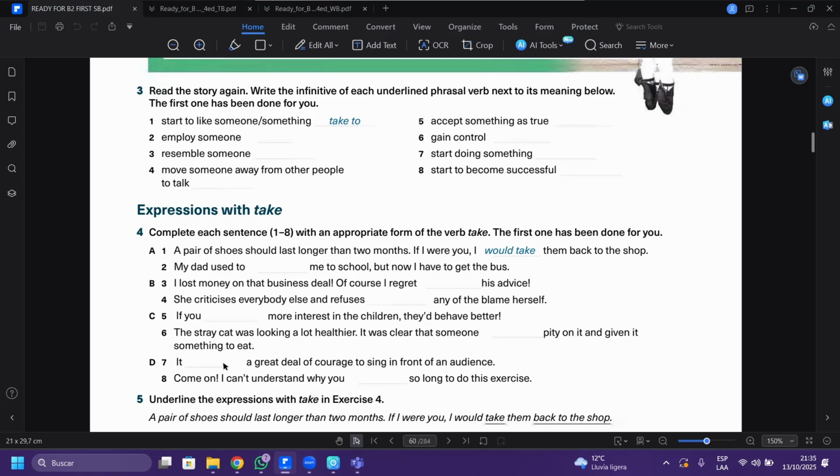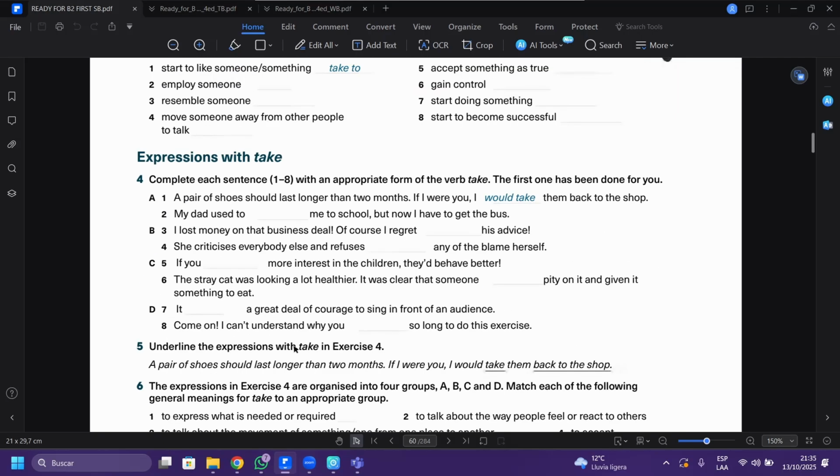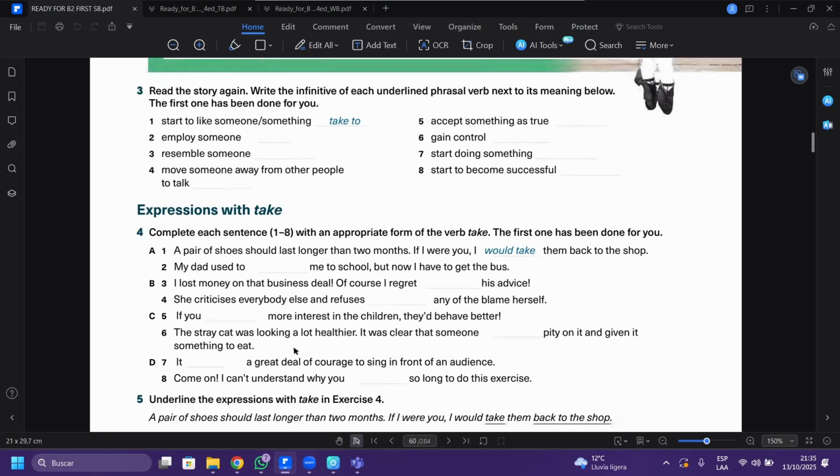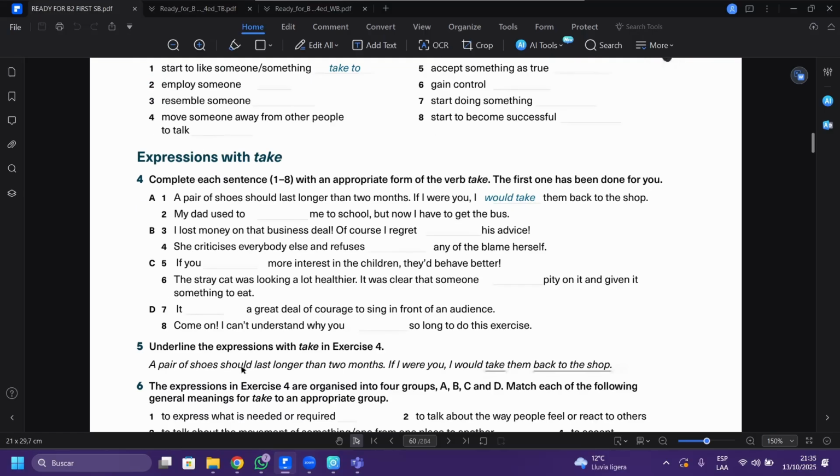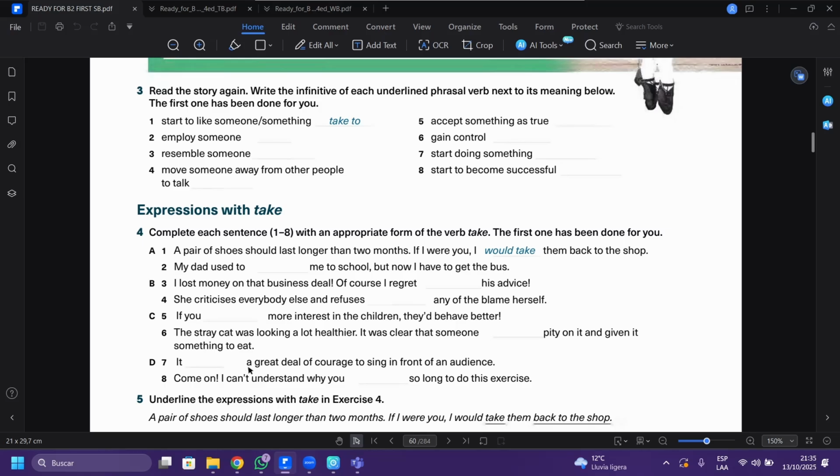But it says that it takes a great deal of courage because you need a great deal of courage to sing in front of an audience, in front of a lot of people. Okay, that's because it's something that belongs to the person. It's something that you need to have, what it requires to do.